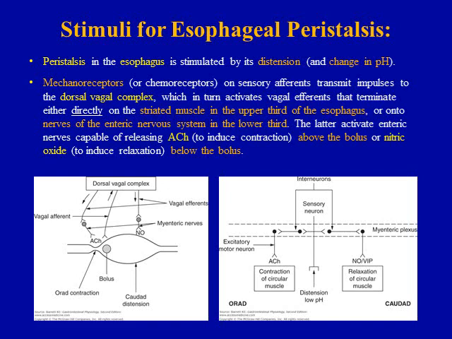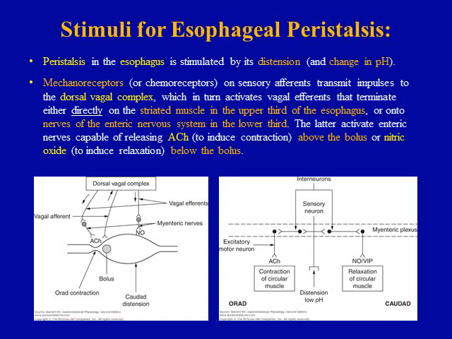So mechanoreceptors or chemoreceptors on sensory afferents transmit impulses to the dorsal vagal complex, which in turn activates vagal efferents that terminate either directly on the striated muscles, and this happens in the upper part of the esophagus, where it is composed mainly of striated muscles, or onto nerves of the enteric nervous system in the lower third.